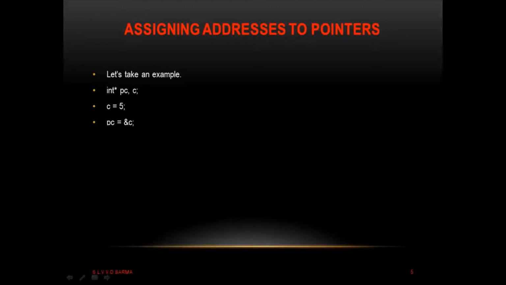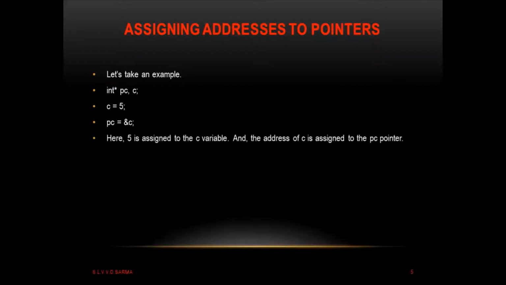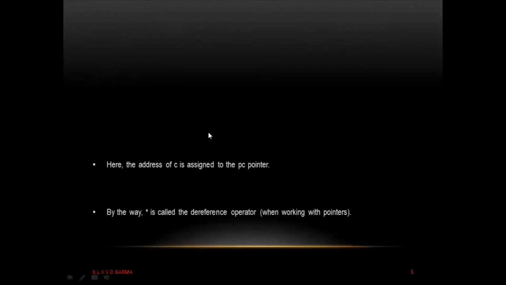Only a pointer variable can hold the address of another variable of the same type. You must give an address only. Directly we can't assign a constant value to the pointer variable. So here 5 is assigned to the variable c and the address of c is assigned to the pointer variable named pc.